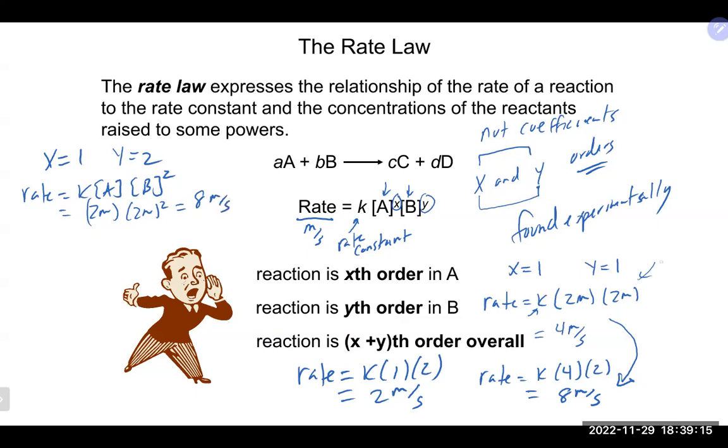So right off the bat, comparing this reaction to the previous one using the same concentrations, we have a reaction that's occurring twice as fast, right? Because the order of B is squared.